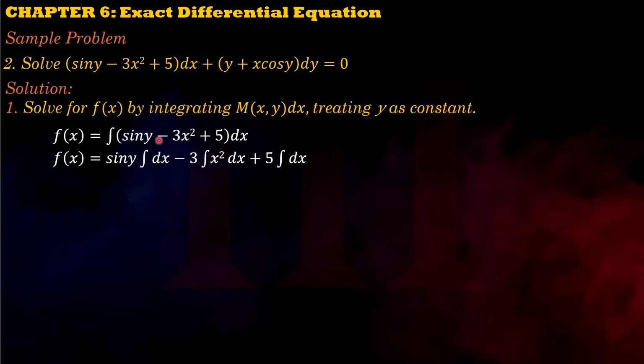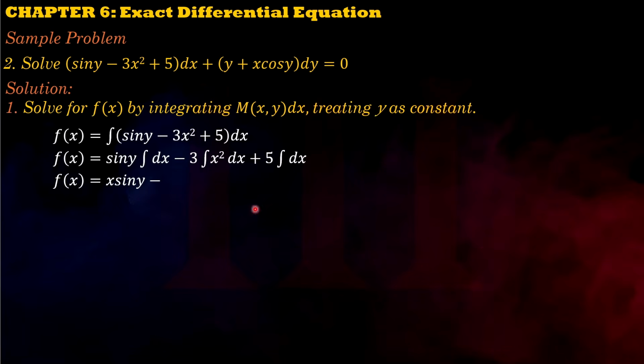So let's factor out the constants, which is obviously this sin y, and then distributing dx, we will come up with this, minus 3 x squared dx plus 5 integral of dx. Obviously, the integral of dx is simply x, so we will come up with x sin y.